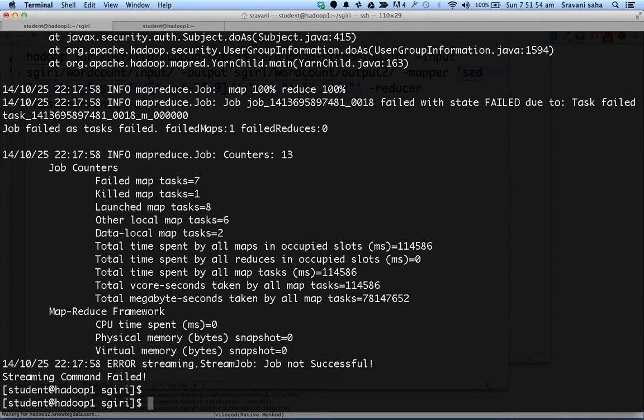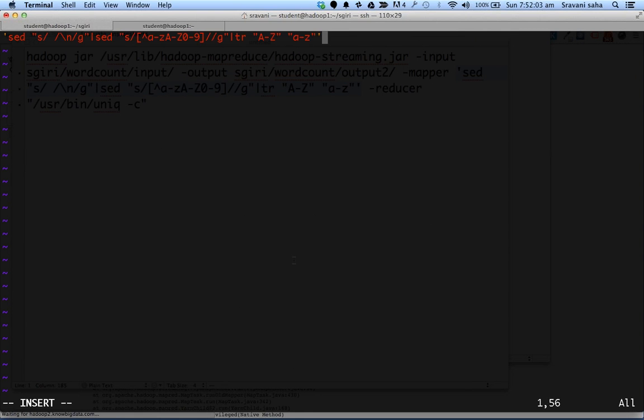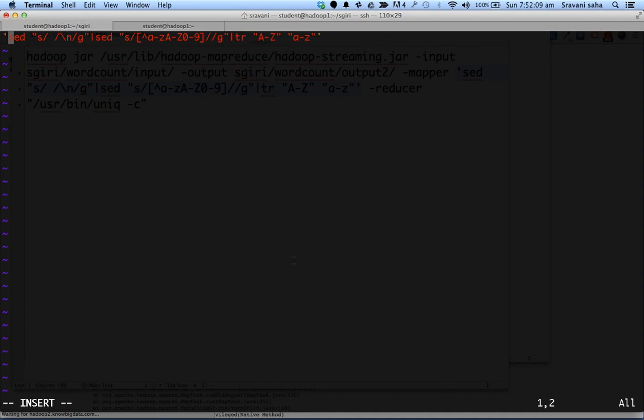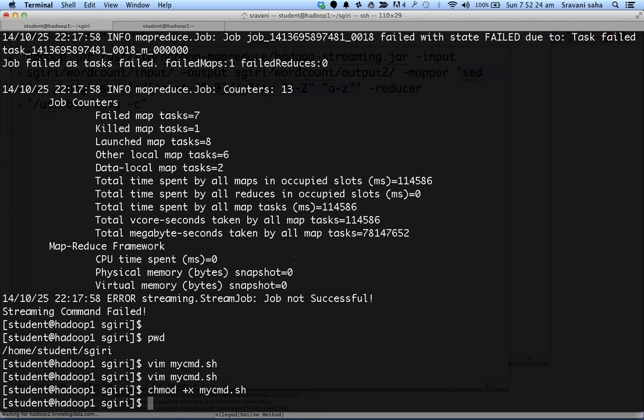All right, so here we can write my cmd.sh, so #!/bin/bash. Basically, right now the problem is this Python streaming is not accepting our command as is.